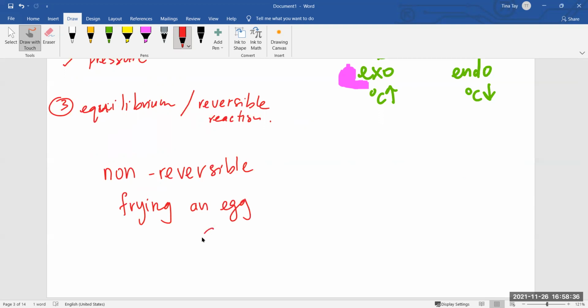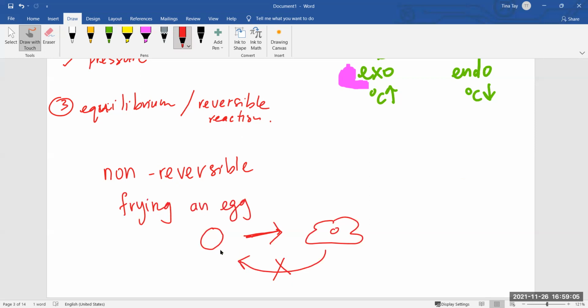You have an egg, you break it, you fry it. Can you unfry an egg? Can you make the egg back into egg yolk, egg white, and put it back inside the shell? No. If that happens, it's really cool. But unfortunately, we got no rewind button. You cannot unfry an egg.